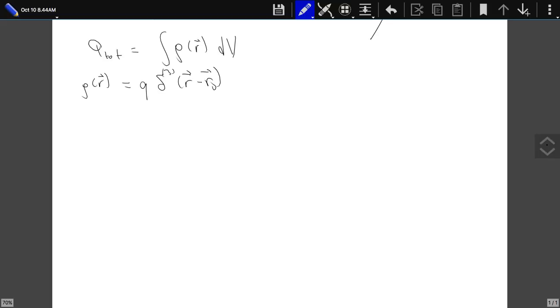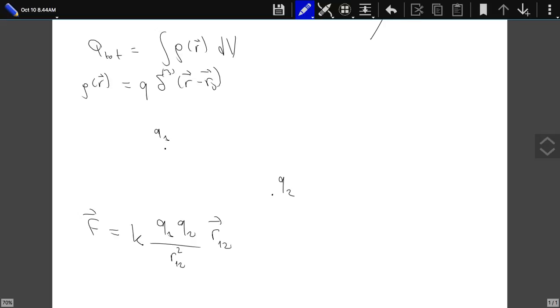Now, let's start with the fundamentals of electric field and electric force. If you have 2 of these charges, Q1 and Q2, we know that they exert forces on each other, and the force will be proportional to the product of the charges, inversely proportional to the square of the distance between the two, and it is along the line connecting the two.